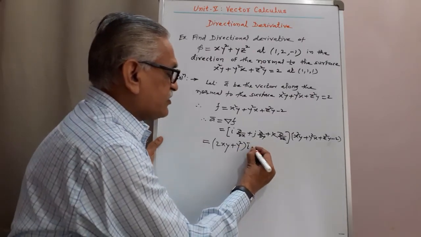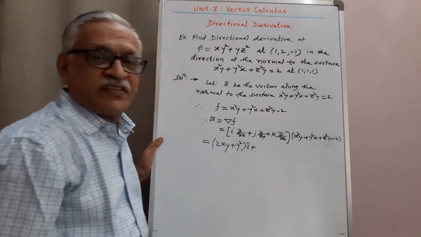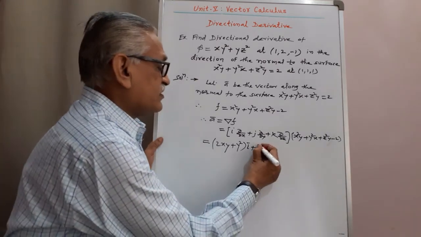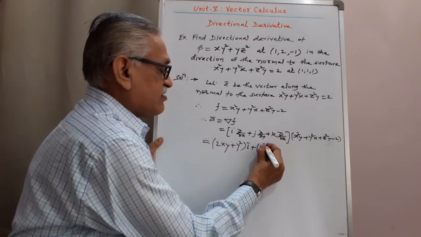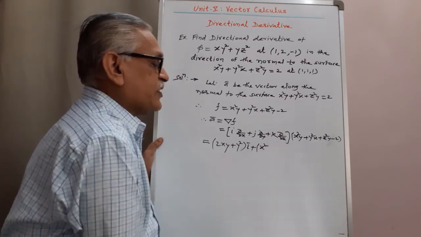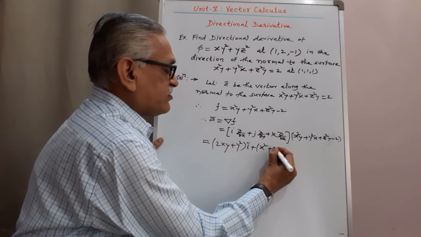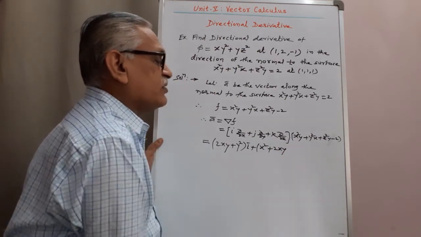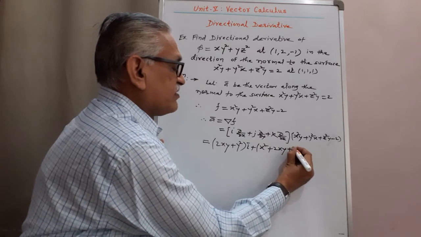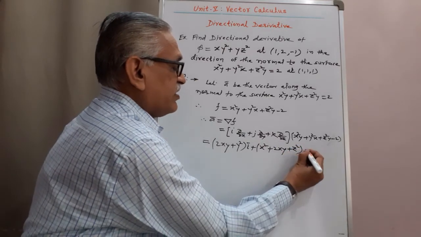Then differentiating with respect to y, keeping x and z constant, we get x square, then 2xy, and the derivative of the third term is z square, into j.